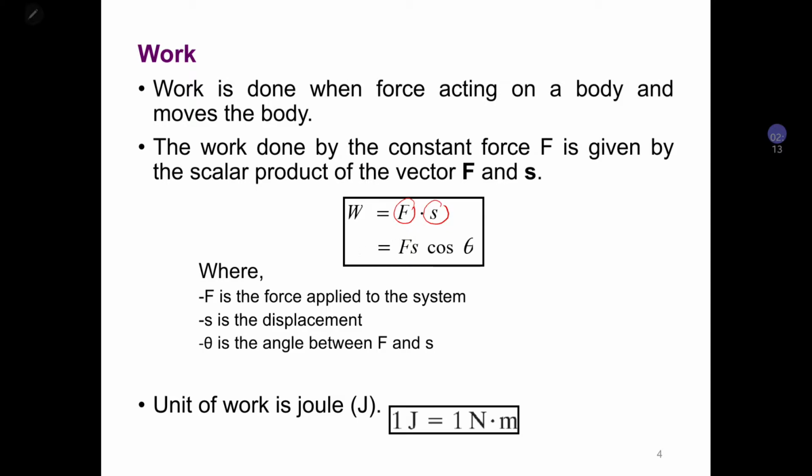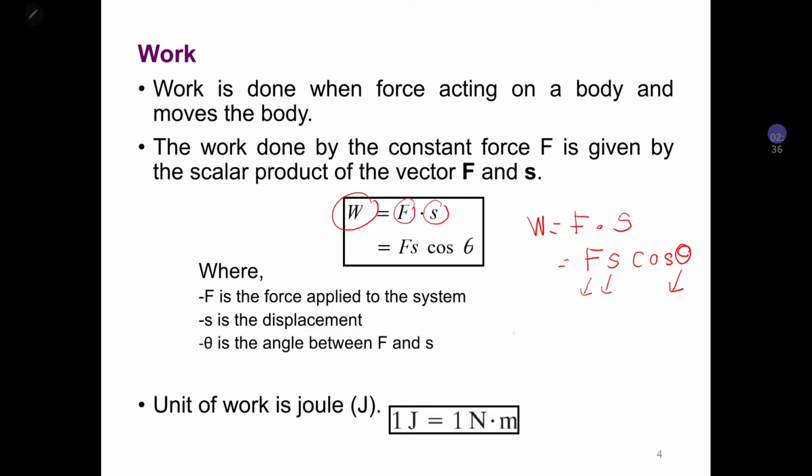Alright, so W adalah simbol bagi work. Okay, so kita boleh tulis work is defined by force times dengan displacement ataupun Fs cos theta, which is theta ni adalah the angle between force dan juga displacement.